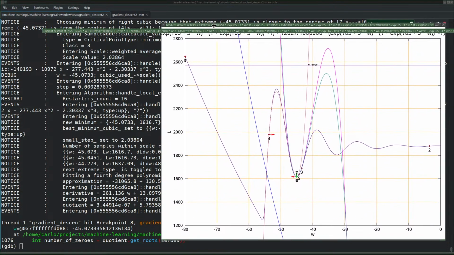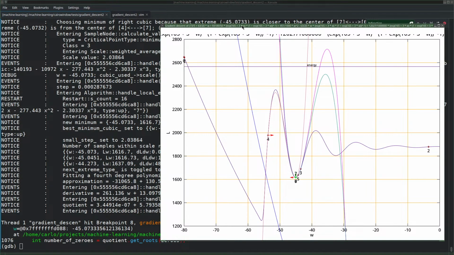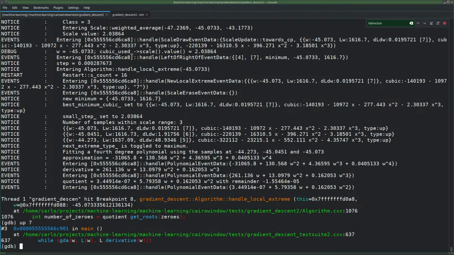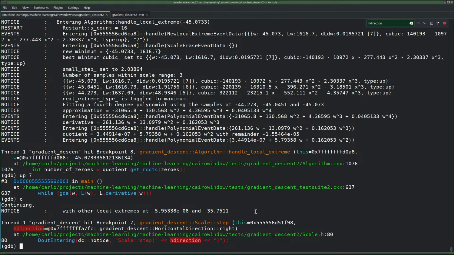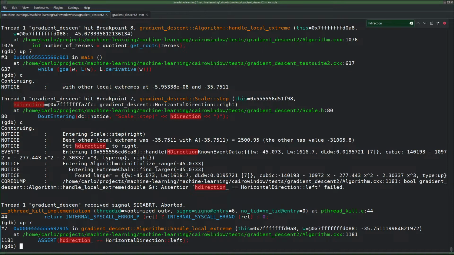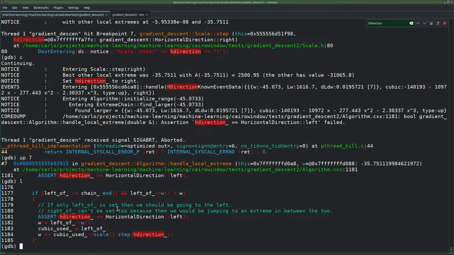And the assertion comes from the fact that, basically this comment. 7 too much. Oh, wait a minute, I should continue. Continue. Up 7. That's the assertion.